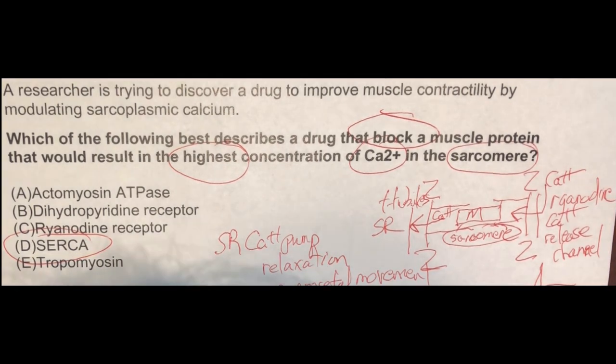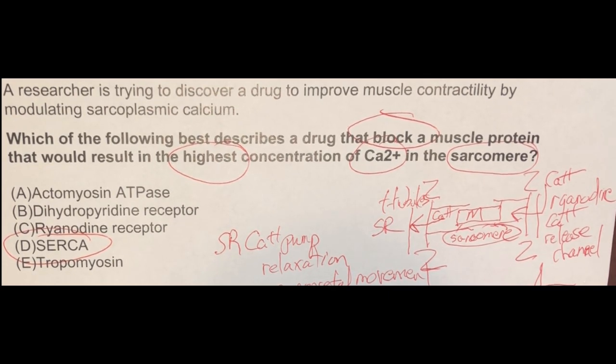And if we block tropomyosin, we can keep the muscle in a state of rigor, because tropomyosin is responsible for allowing the actin and myosin filaments to go back to their original conformation so the Z lines can go back to their original length when we remove the calcium by the sarcoplasmic reticulum pump, or the SERCA, during relaxation.